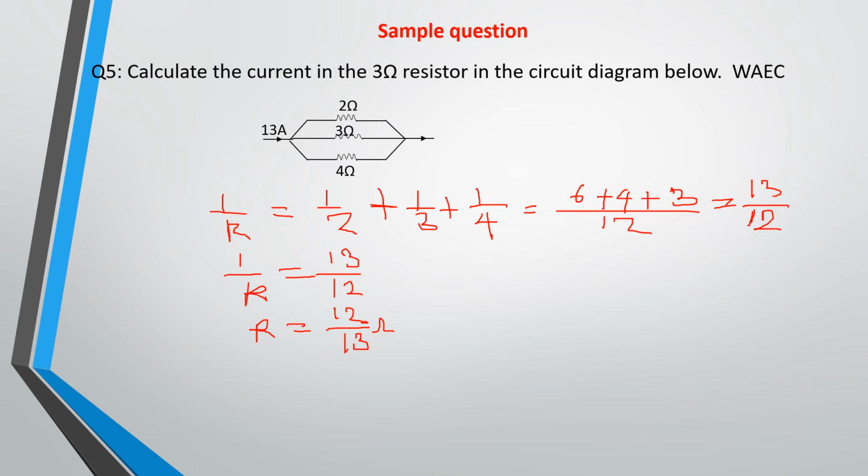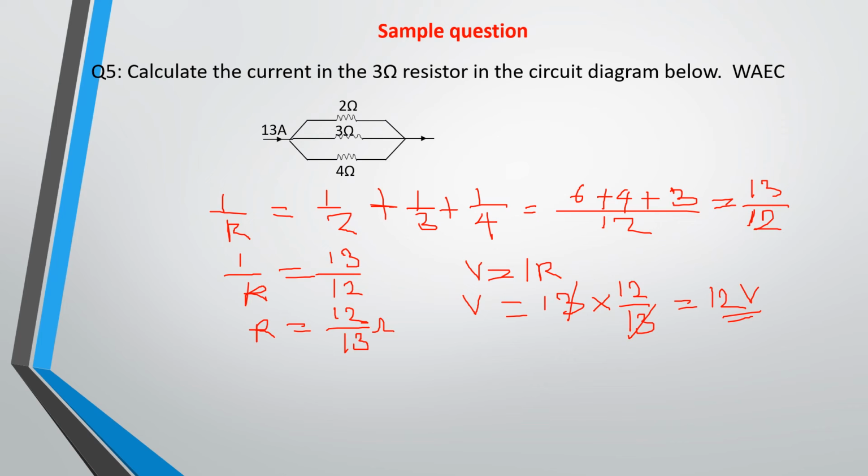So if current is 13 amp, from V equals I R, we can substitute into this equation to get our potential difference. V, I is 13 and resistance is 12 over 13. So this can cancel out, so that you have that your V is equal to 12 volts.